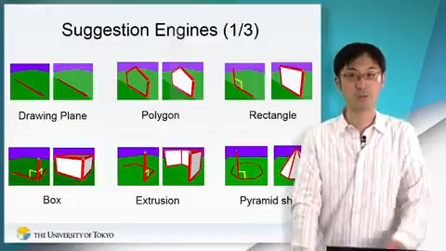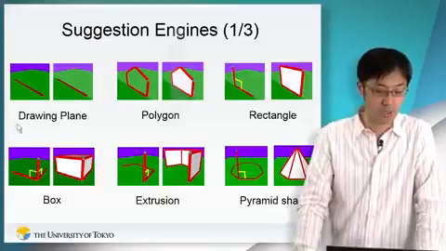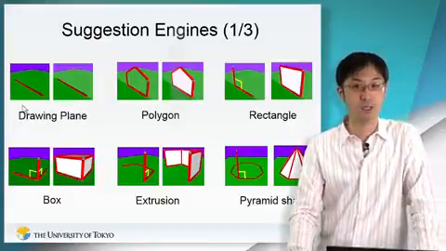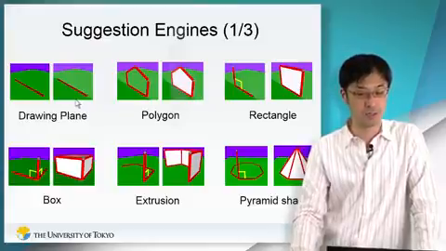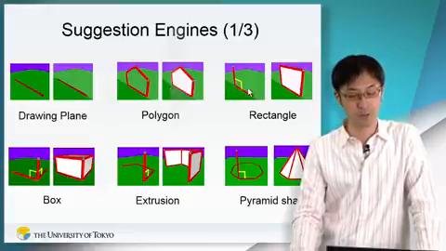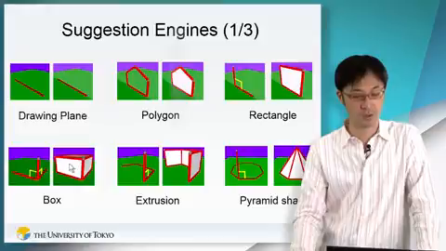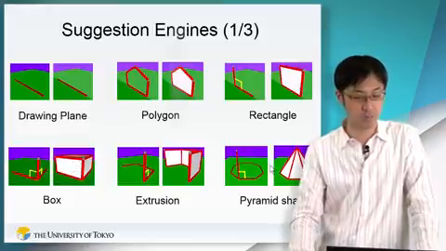And here's a list of suggestion engines we implemented in these applications. One is drawing a plane. Given a hint, the system generates a drawing plane passing through the hint. And also if you highlight a closed loop, it suggests a polygon, and two perpendicular lines suggest a rectangle, and three lines suggest a box, and the system suggests extrusion and pyramidal shape.